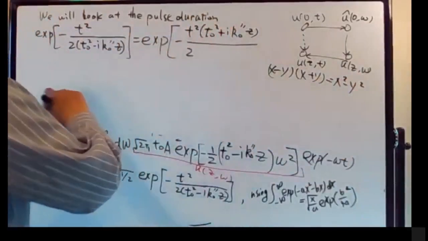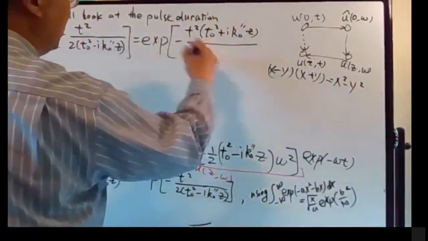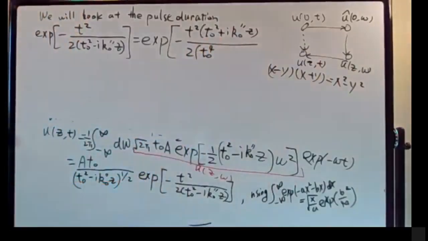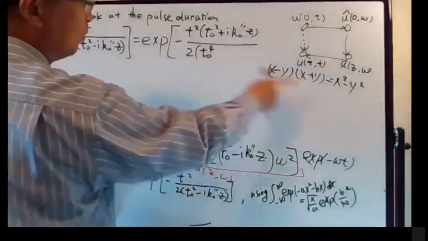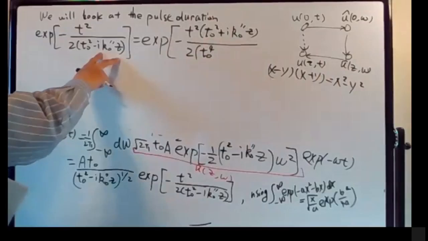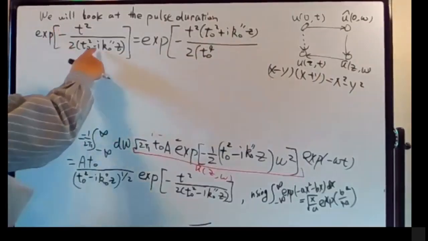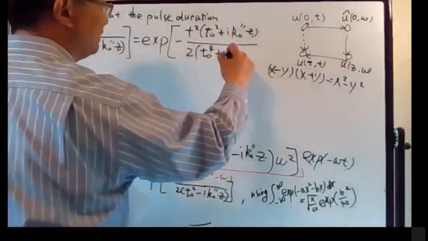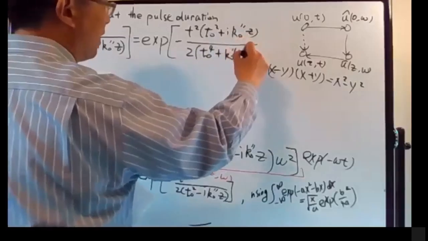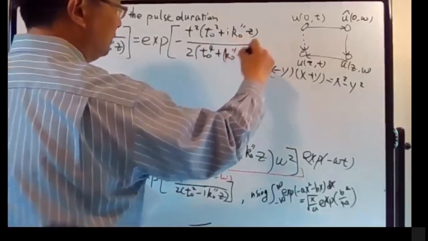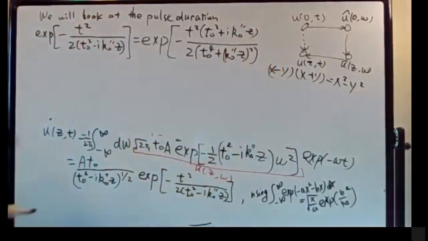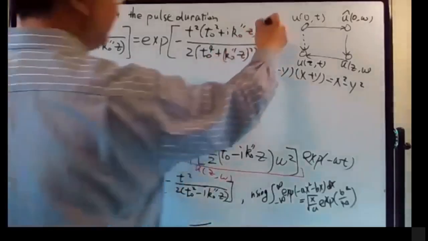So what we have is t naught to the fourth, and then minus y squared, minus i squared, which gives us minus 1, so it's plus k naught double prime z squared, right?